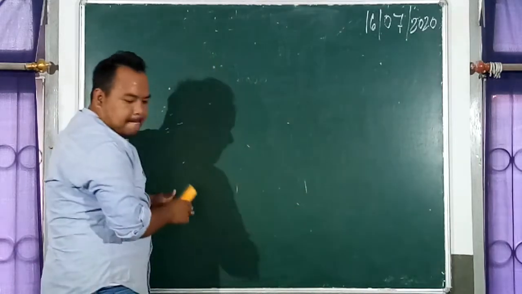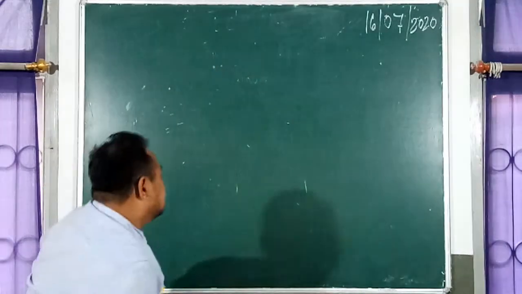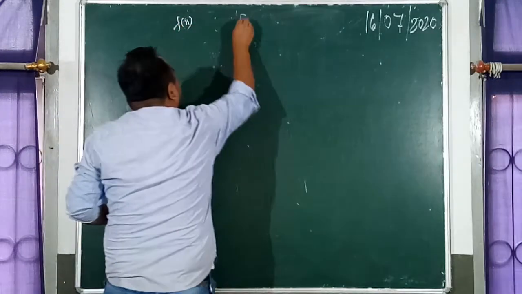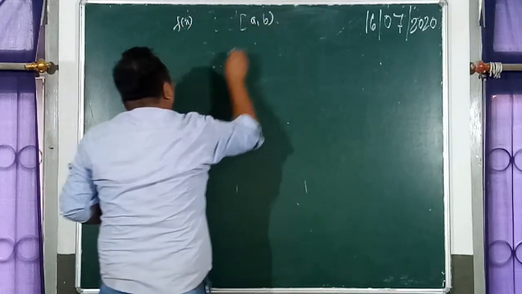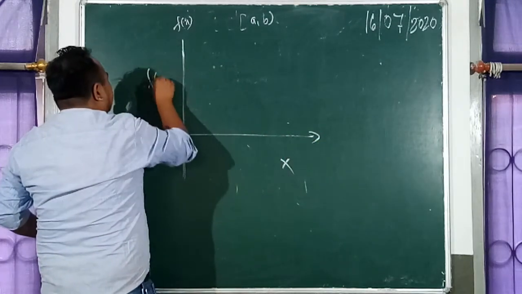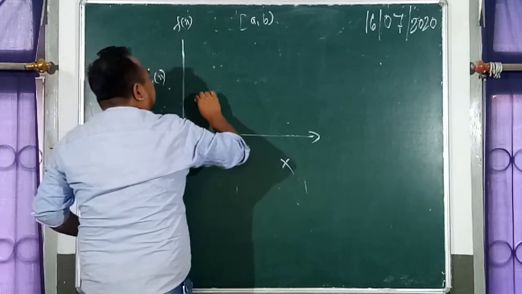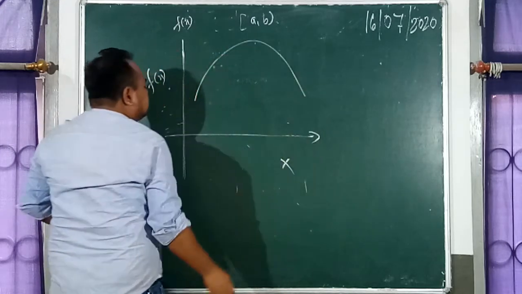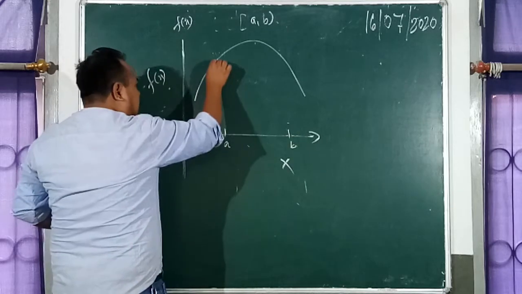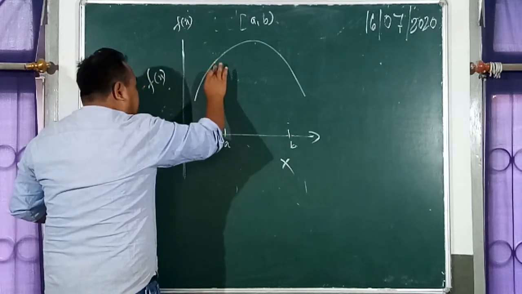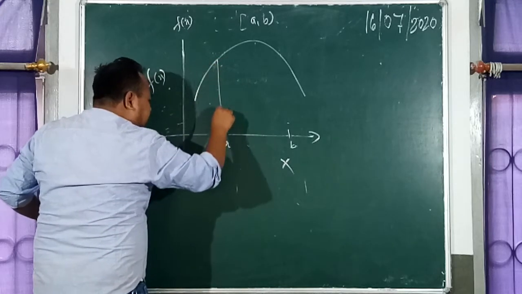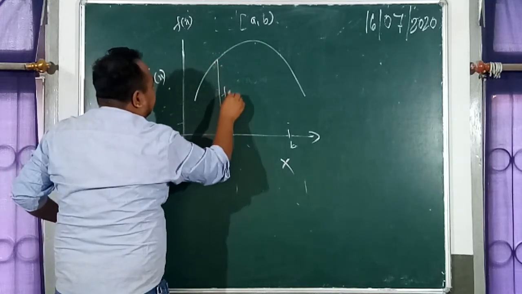of Rolle's theorem. Geometrical interpretation means, suppose look at this, a function defined in the interval a comma b. This is your x and this is the function value fx. So let us say this is the curve at the point A and let us say at the point B. At the point A, let us say the value of f is fa.